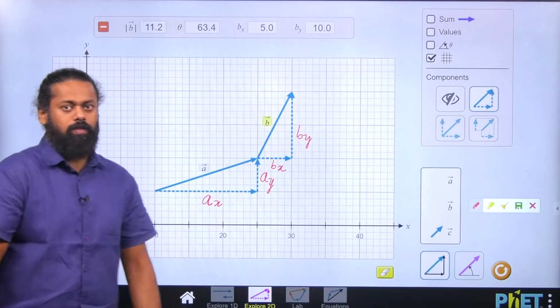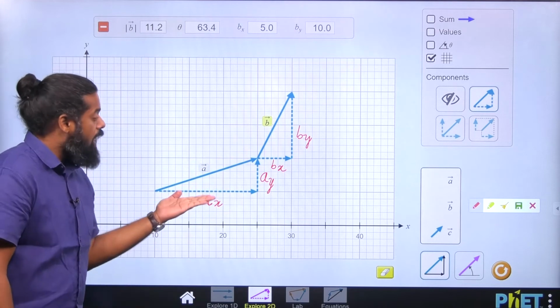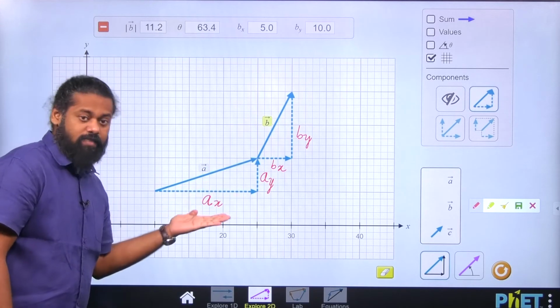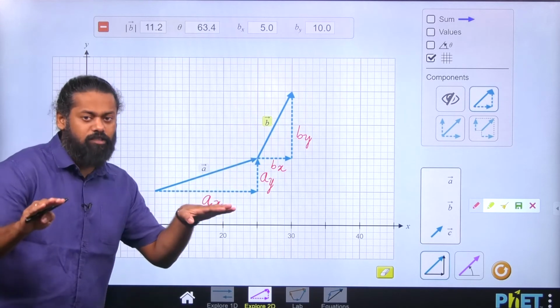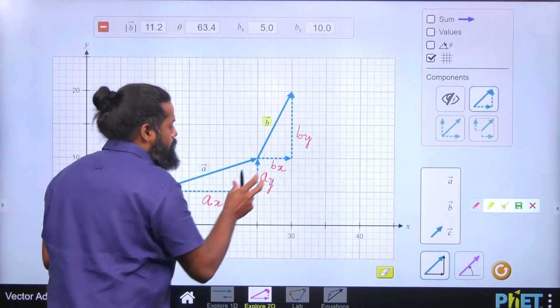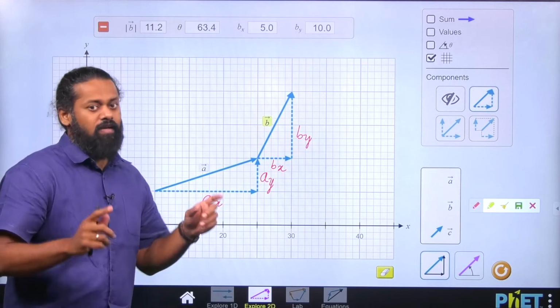Fine. So these are the components of A and B respectively. We can always add the components, because component AX and component BX are in the same direction, the x direction. We can add them together. That means you can add AX plus BX. That is going to be the net force acting in the x direction.